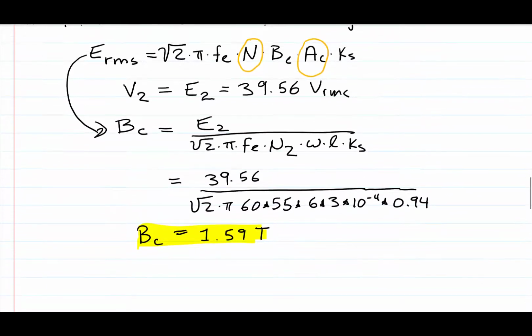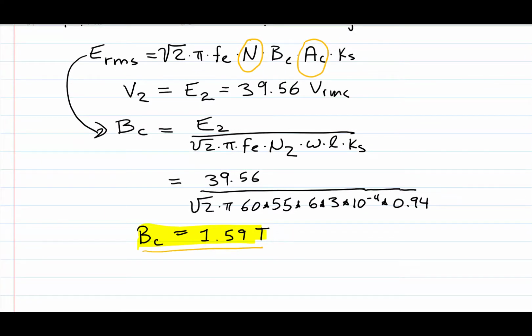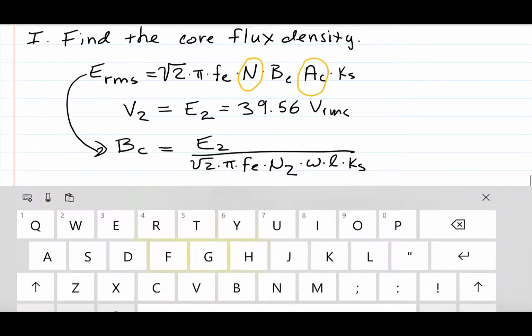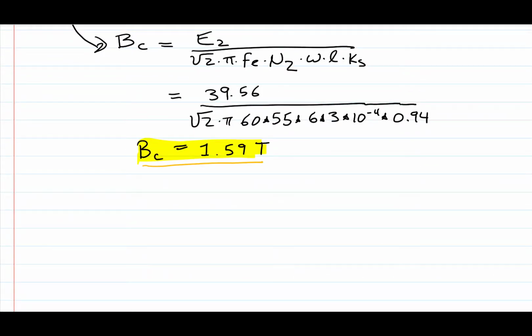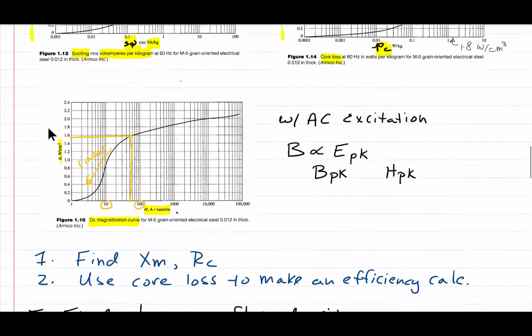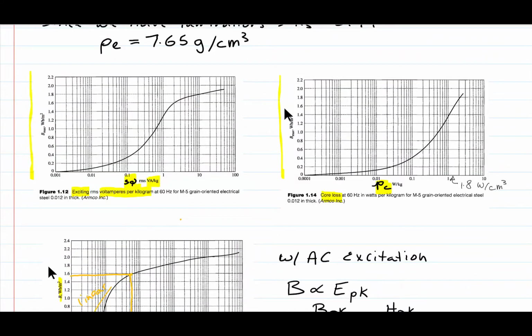Now, because we know this core flux density, we can go back and look at the other curves in the data sheets that we have been given. We have the excitation volt amperes on the x-axis, and here's the flux density on the y.